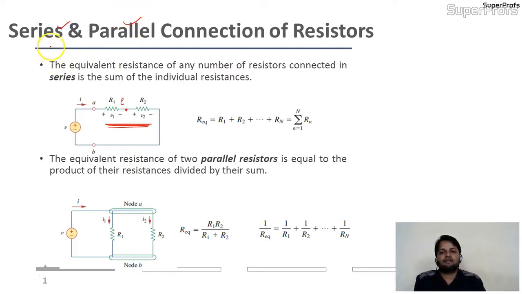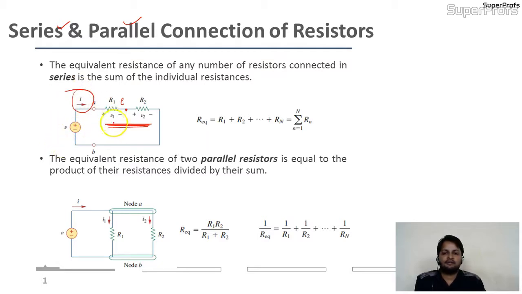But when we connect different resistances in series, what will be the equivalent of the circuit? Simply, consider a series circuit where R1, R2 up to Rn are connected in series. The current will be the same, as we know.